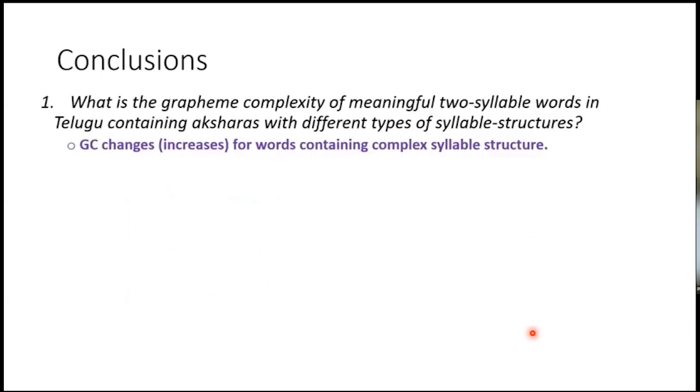So to conclude, what we have presented today is two questions. The first research question was, what is the grapheme complexity of two-syllable words in Telugu containing different types of syllable structures? What we have seen is that the complexity increases for words containing complex syllable structures.